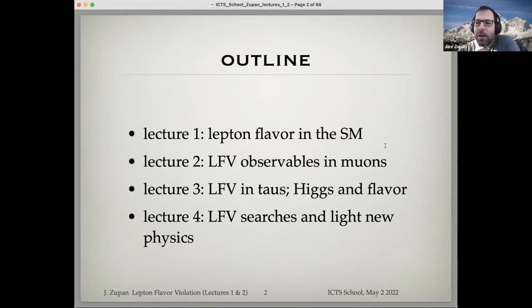Then we'll go over different observables, and in there will be sprinkled some new physics examples. Then probably tomorrow we'll move from muons to taus and then the Higgs as a proper flavor. And then I will devote probably one lecture to what you can do if you're searching for light new physics, unlike most of the program, which is geared right now towards searching for heavy new physics. All right, so let's dive in.